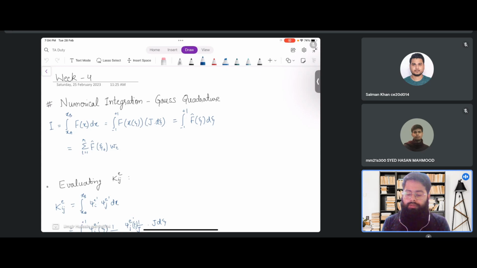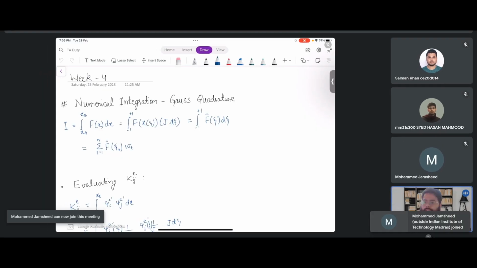In last week, we extended the discussion to study the various numerical integration schemes. We started with some simple numerical integration logics such as the trapezoidal rule and Simpson's rule, and then we introduced two mainly used numerical integration schemes in FEM.